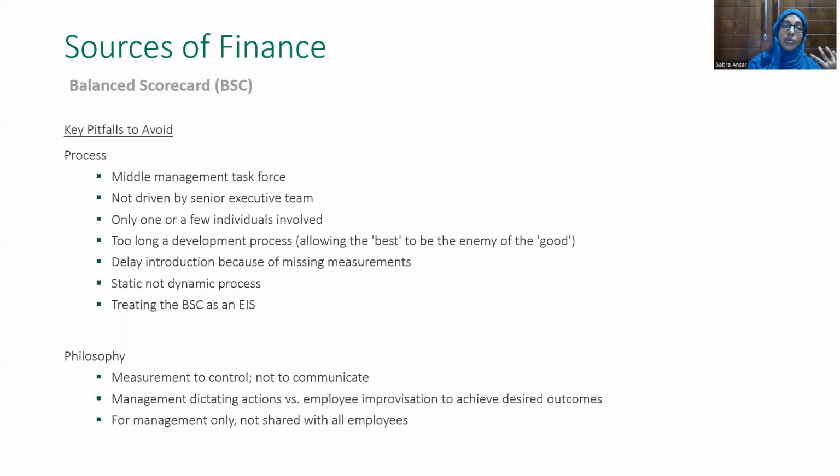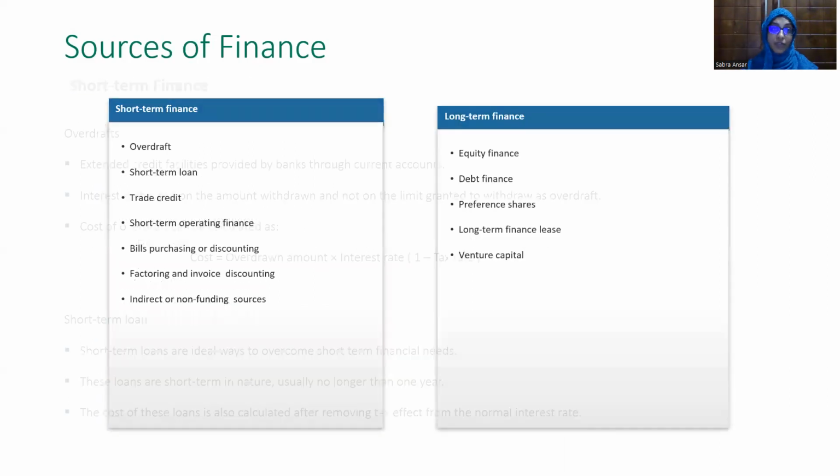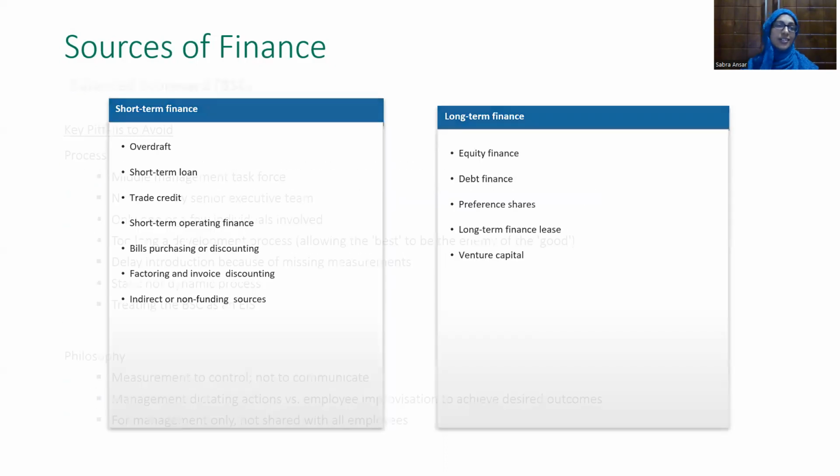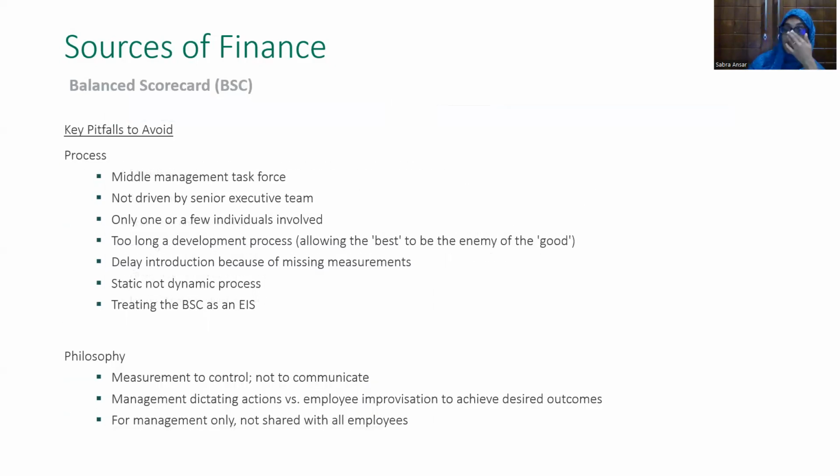Now we'll be talking about the key pitfalls that need to be avoided in a balanced scorecard. When it comes to process, the middle management task force not being driven by the senior executive team is a pitfall, because it's very important that the senior executive team is involved here.